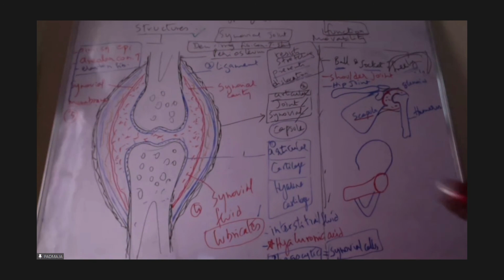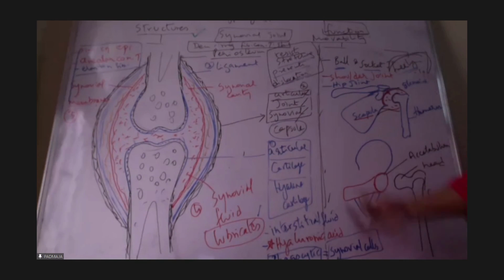What is the ball fixed into that socket? Head of the femur. Good. So these two are the best examples of ball and socket joints in your body. So this is the acetabulum and this is the head of the femur.